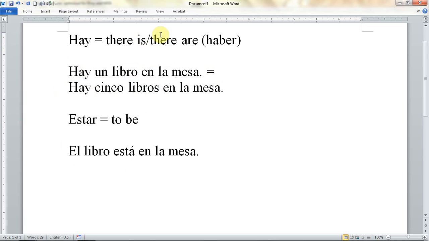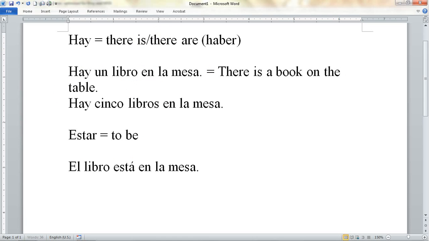There is a book on the table. And this one, what's that? The book is on the table. Okay, so they're saying similar information.